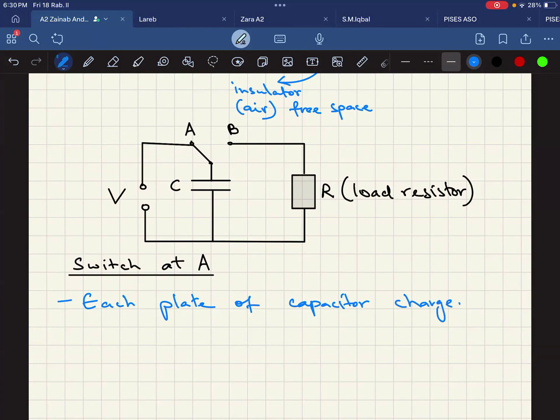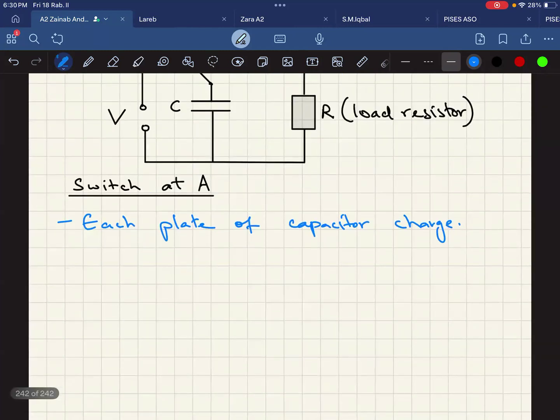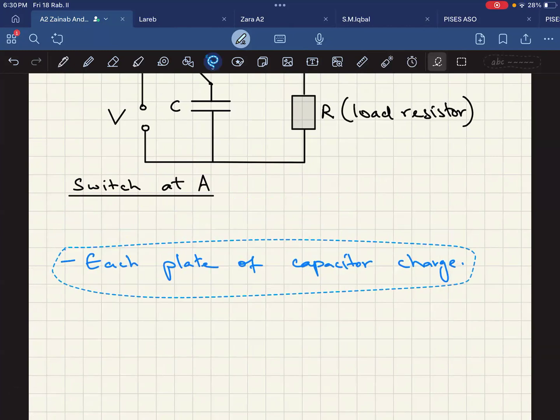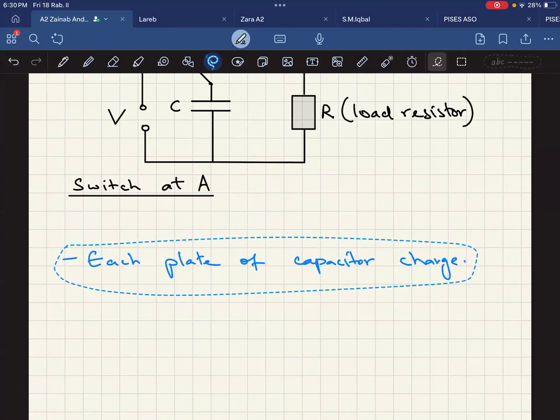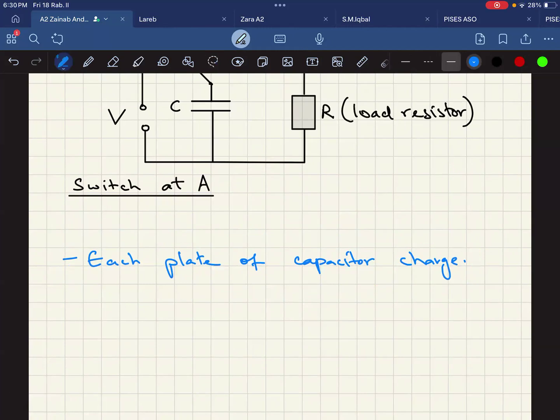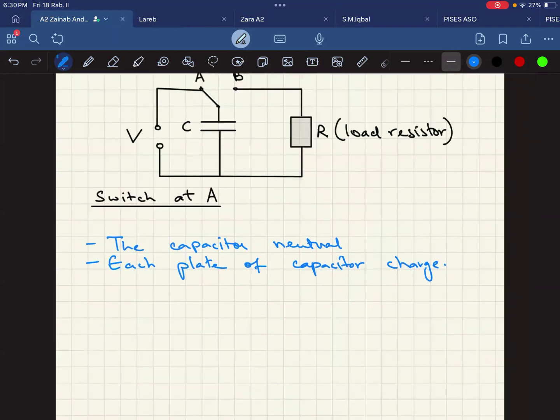Very simple. I'm making this my second point: before each plate charges, the capacitor or each plate is neutral, before we connect it to the voltage source.